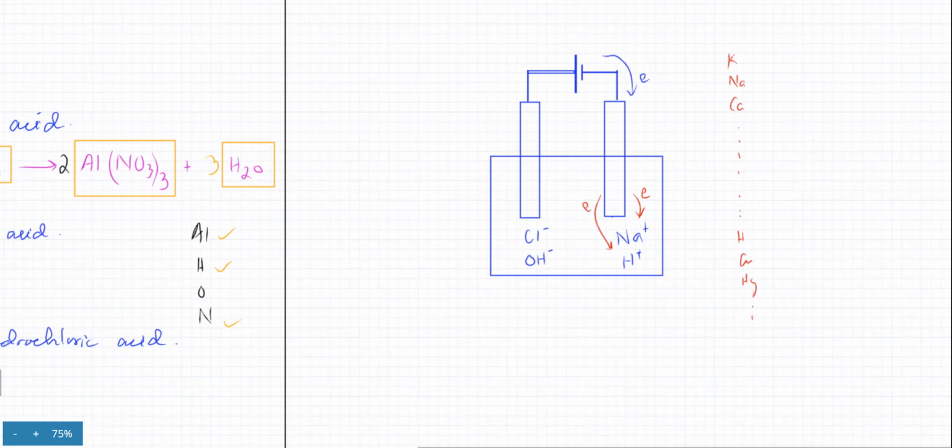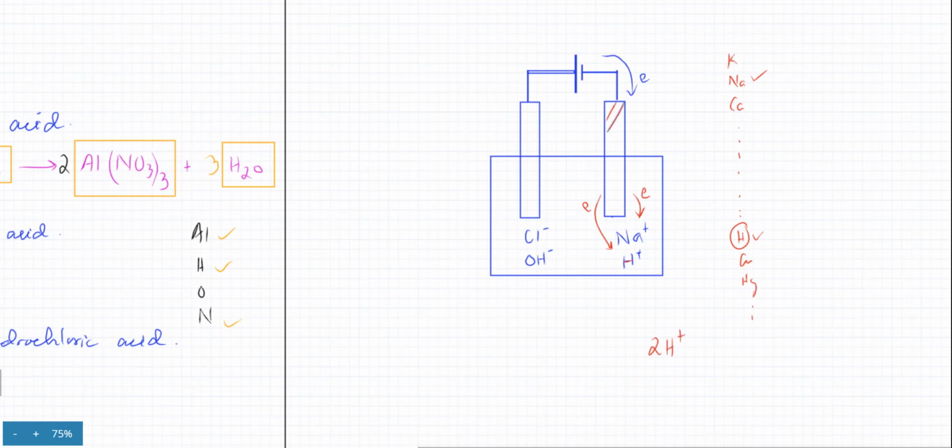So how do you choose? Na is over here, H is over here. You always select the one that's least reactive. That's the one that's going to gain electrons. So over here, H is the one that's going to gain electrons, and H is diatomic, so it's going to be 2H+1. Okay, this is the cathode.